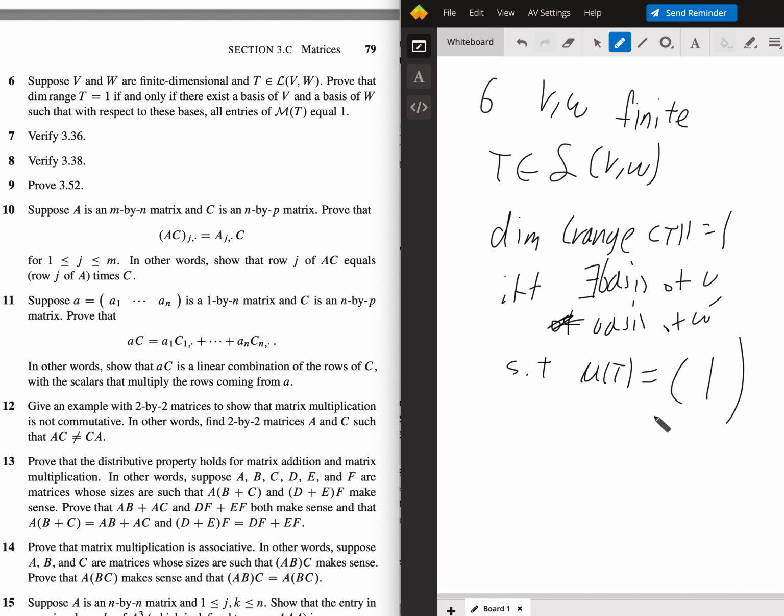I'll just write a 1 here because this is what sometimes math people do, I think. Instead of writing a bunch of zeros or ones in the matrix, they just put a 1 here to indicate it's all ones.